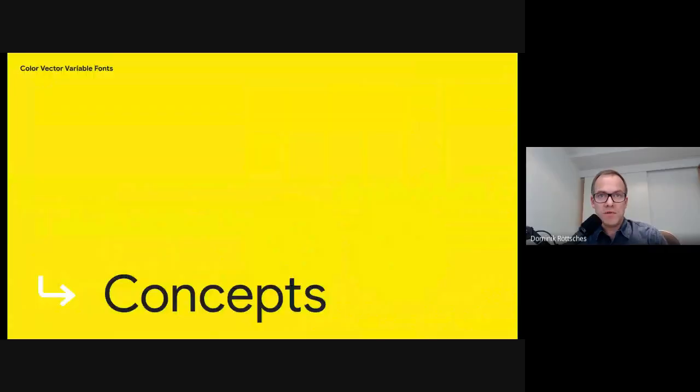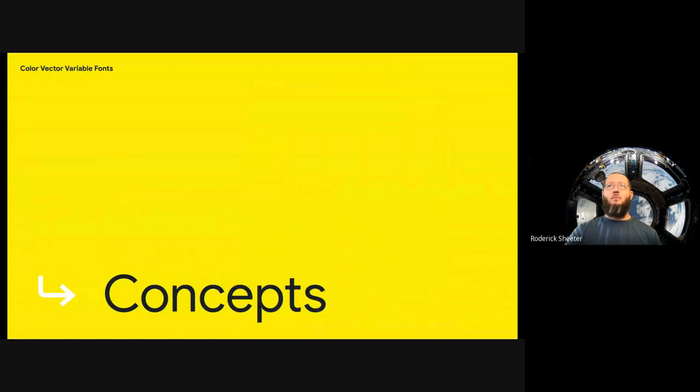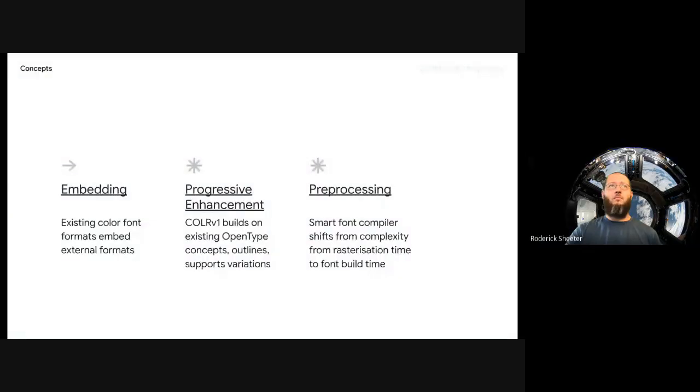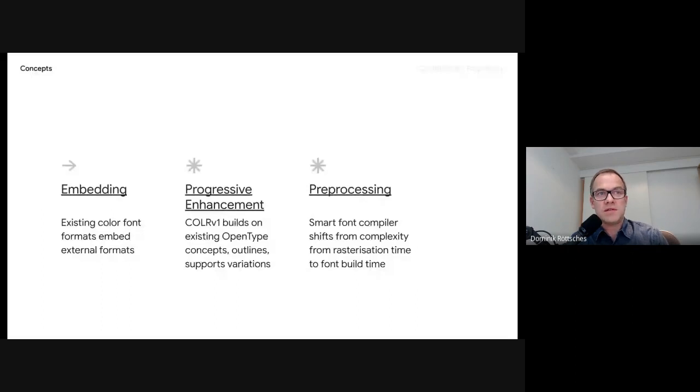We also want to talk about concepts that guided the design for the color v1 format. As Rod mentioned previously, previous formats like CBDT and SBIX and SVG in OpenType are existing color font formats that embed external formats. They're not exactly a definition of font concepts, but they're embedding external formats into the font.